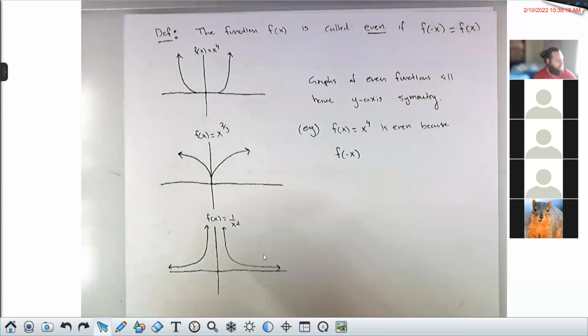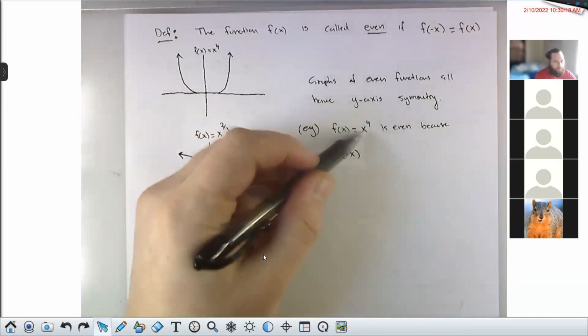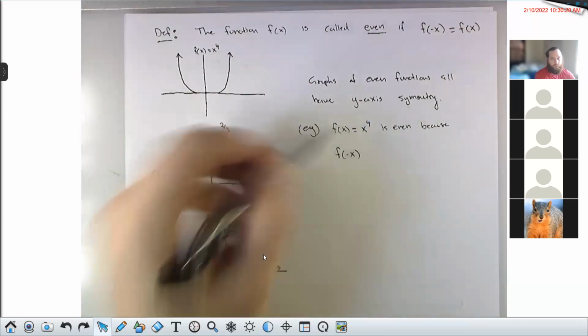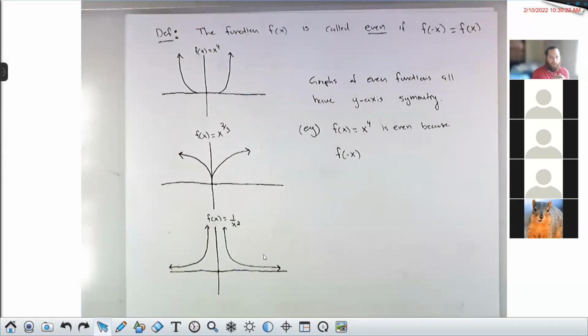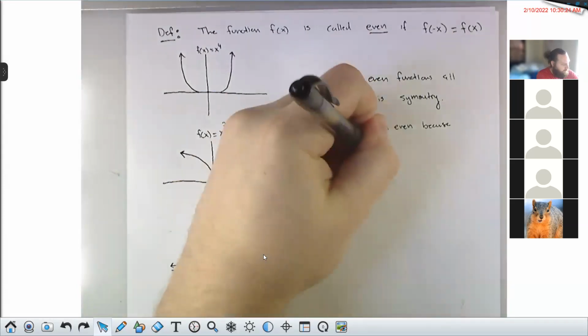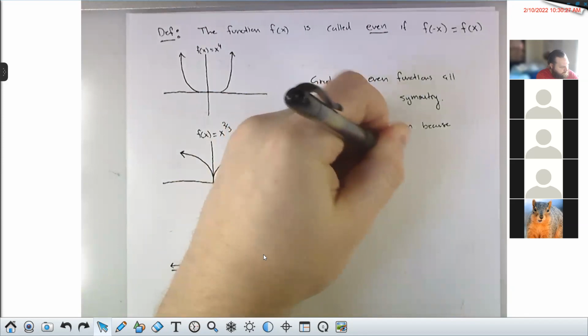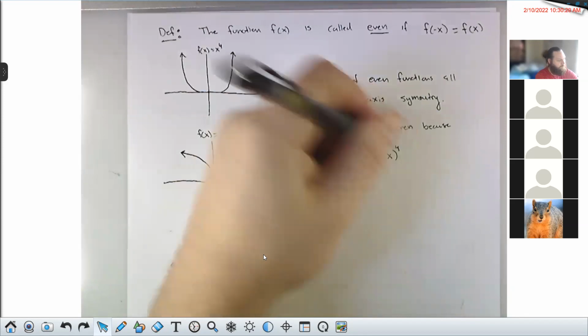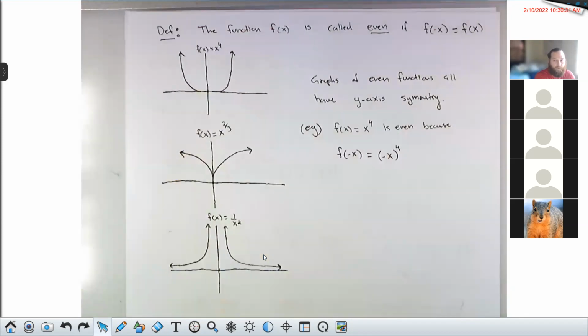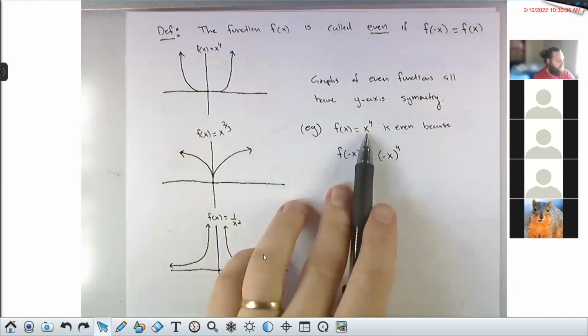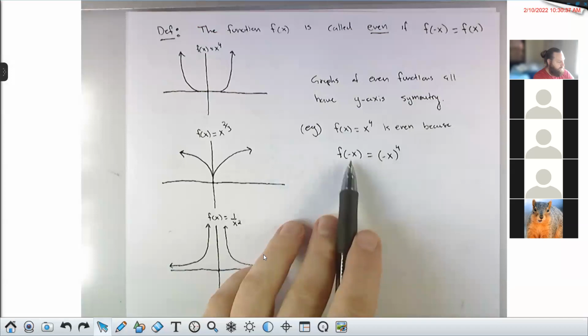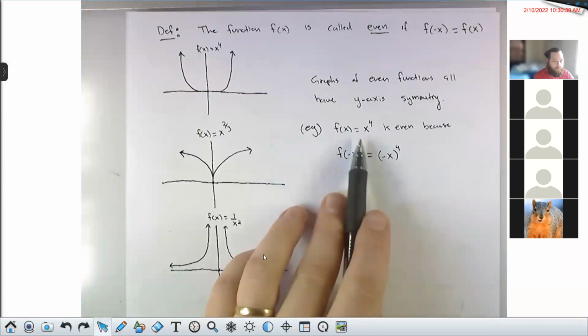F of negative x means instead of plugging regular old x in here, I'm going to plug negative x in parentheses. So this is negative x to the 4. And if I want to show that this function is even, I need to show that this is actually the same as this.